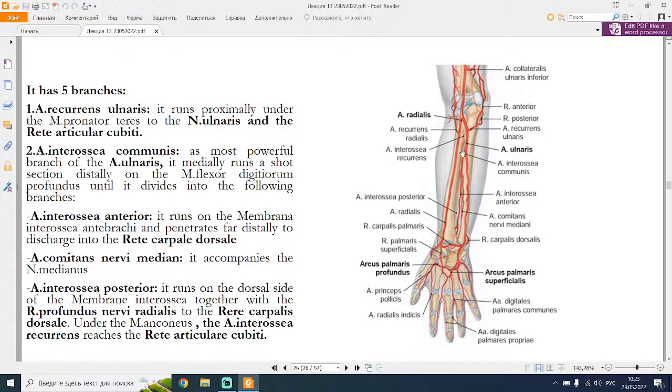Arteria interossea recurrens reaches the rete articulare cubiti. The rete articulare cubiti is formed by arteria interossea recurrens, arteria recurrens radialis, arteria recurrens ulnaris, and branches of arteria collateralis ulnaris inferior, arteria collateralis media, and arteria radialis.